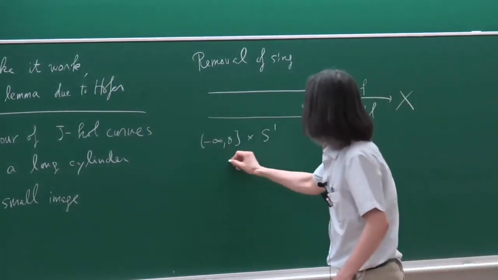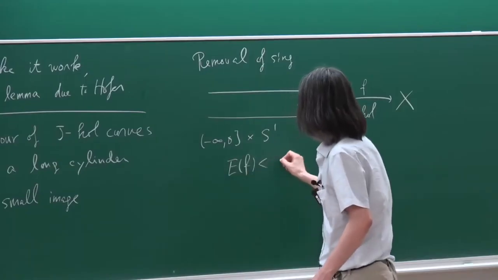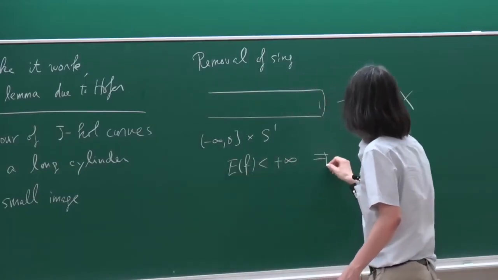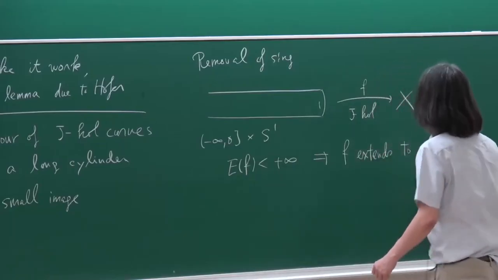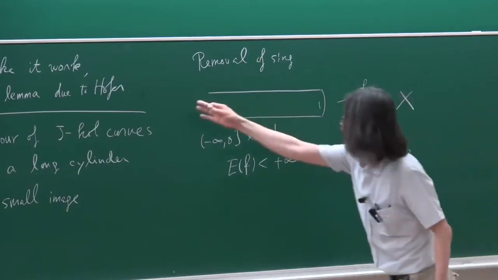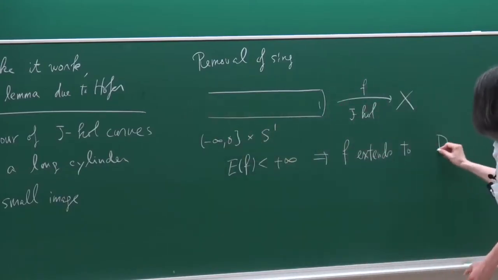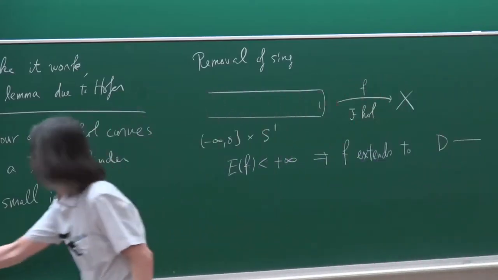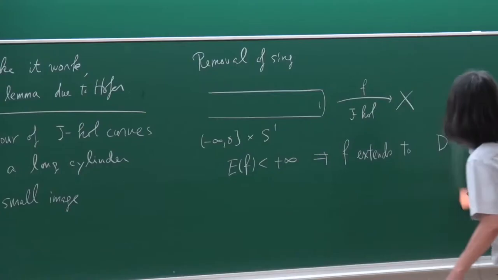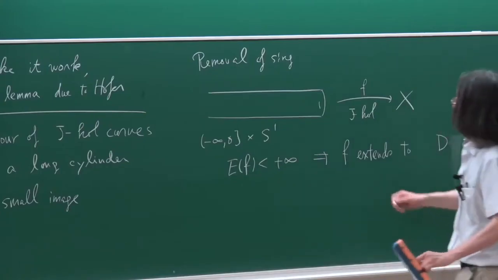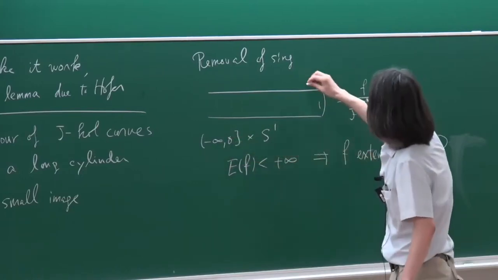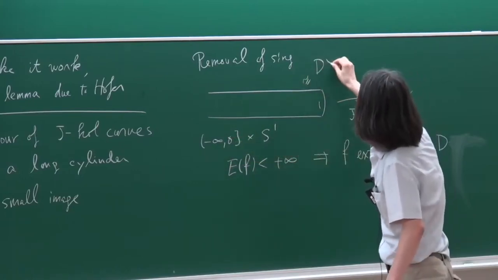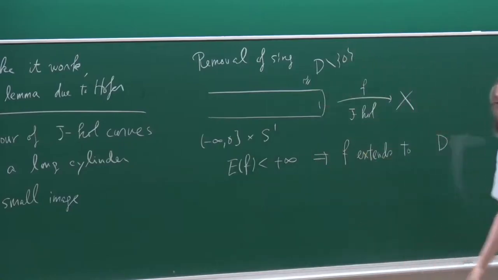Let's suppose that the energy is finite, then F extends to a holomorphic map from the disk to X. Namely, this infinite cylinder we can identify with a punctured disk.